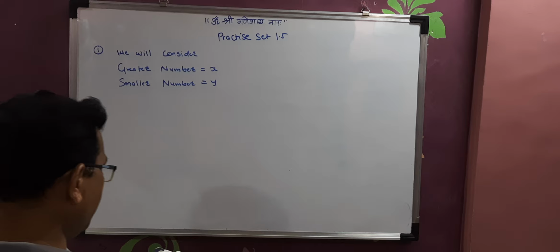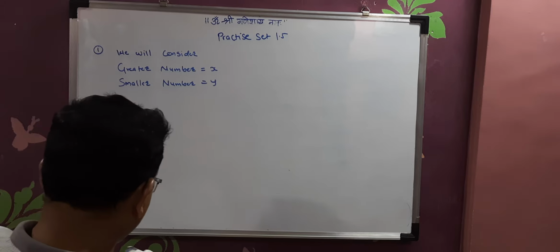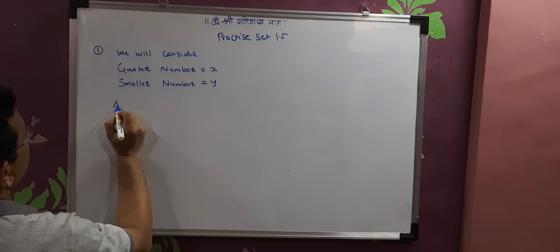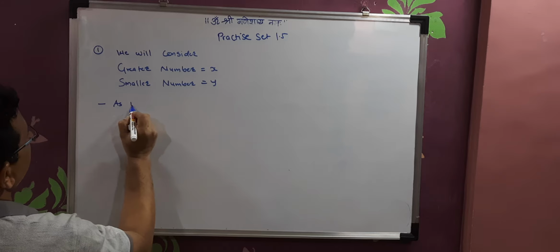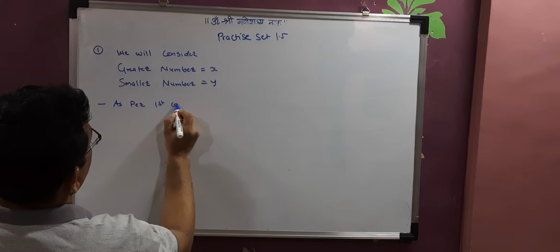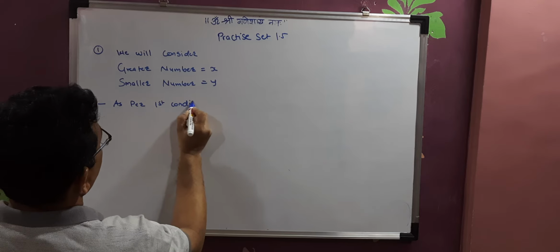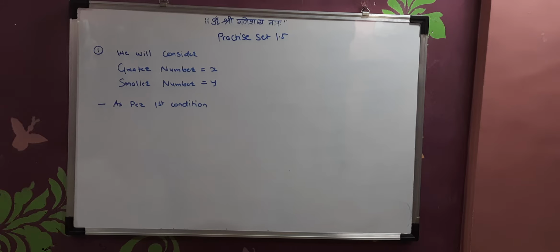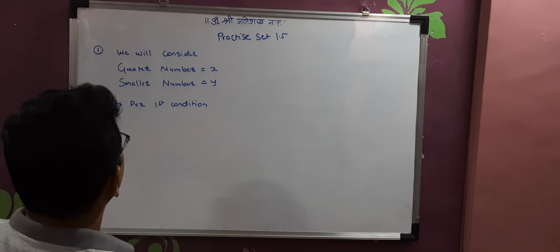Now what is the first condition? The first condition is two numbers differ by 3. So as per the first condition, the difference between both of them is 3. What do we mean by that?